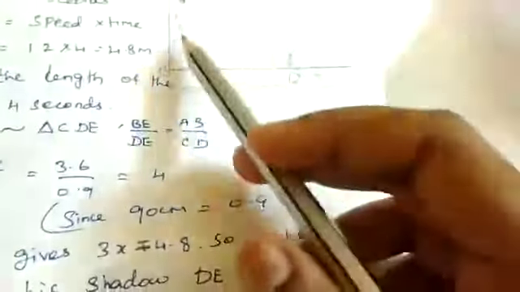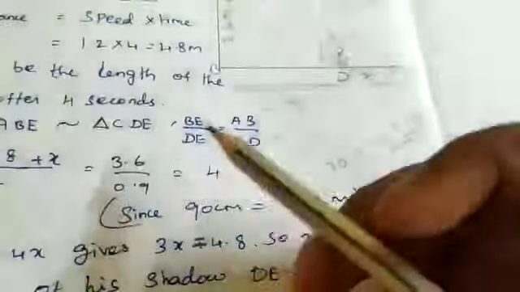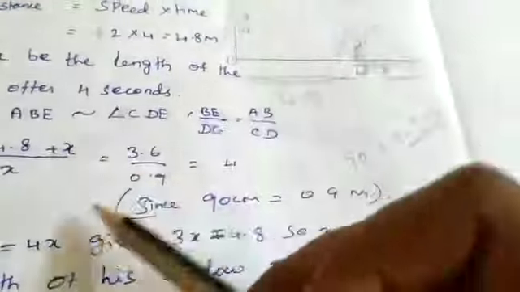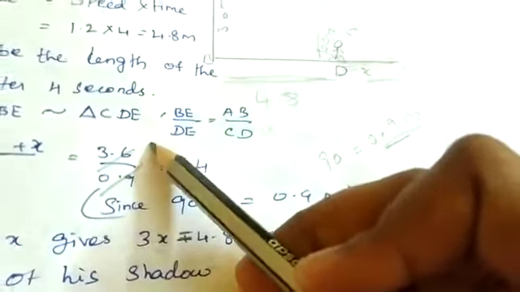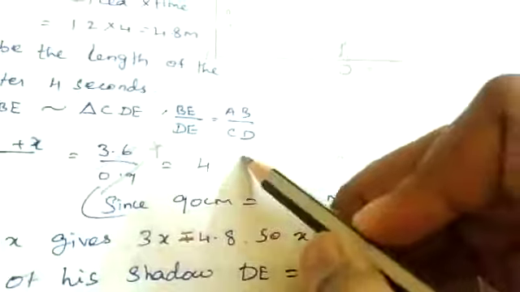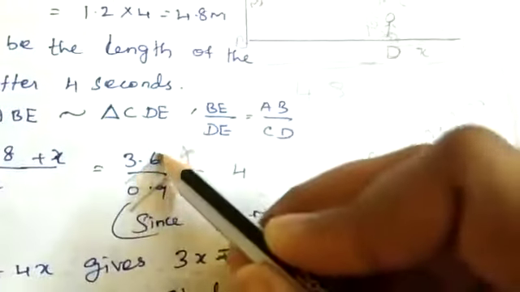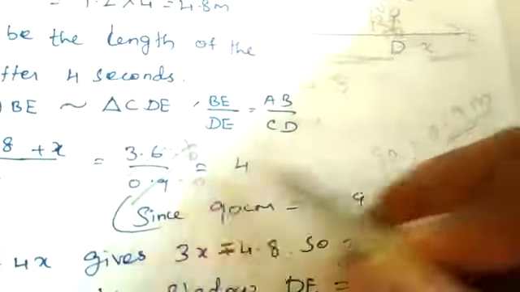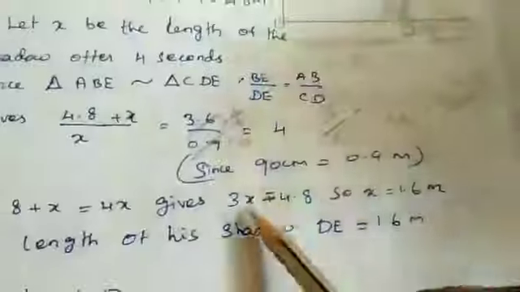Here it is given in meter, so you should convert the boy's height in meter. So we got 3.6 by 0.9, which is equal to 4. You multiply this with 10 and this with 10, you will get 36 by 9. When you cancel it in the 9 table, you will get 4. That only I wrote it here.